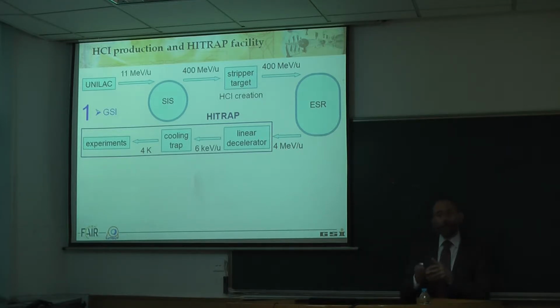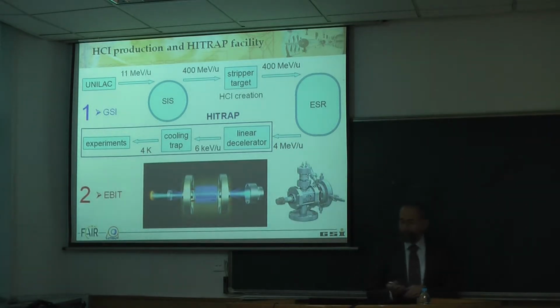It takes those particles and slows them down, and it should put them into a trap here at just a few keV, and then in this trap they're cooled right down to 4 Kelvin, and then they're transported to various experiments. And the experiment that we're involved with, the SPECTRAP, is one of the experiments here, and there are several others which I won't discuss.